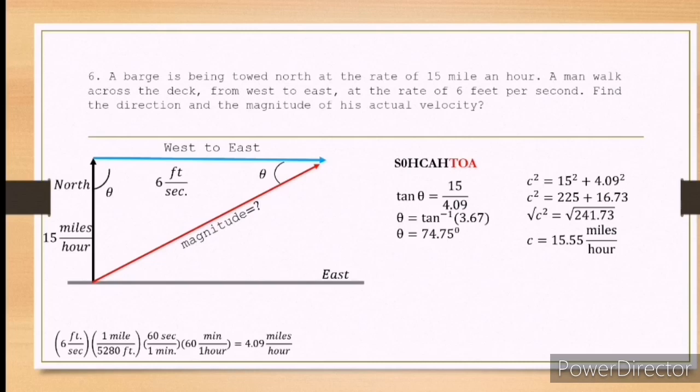So c squared is equal to 15 squared plus 4.09 squared. C squared is equal to 225 plus 16.73. The square root of c squared is equal to the square root of 241.73. C is equal to 15.55 miles per hour.